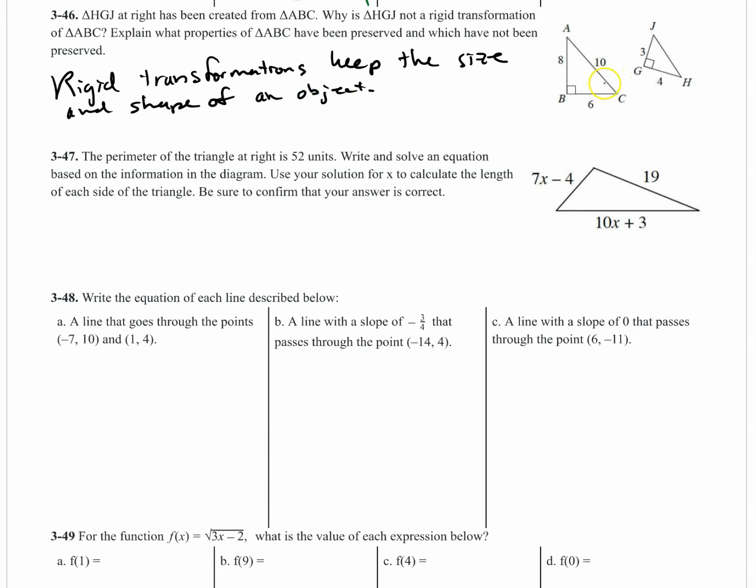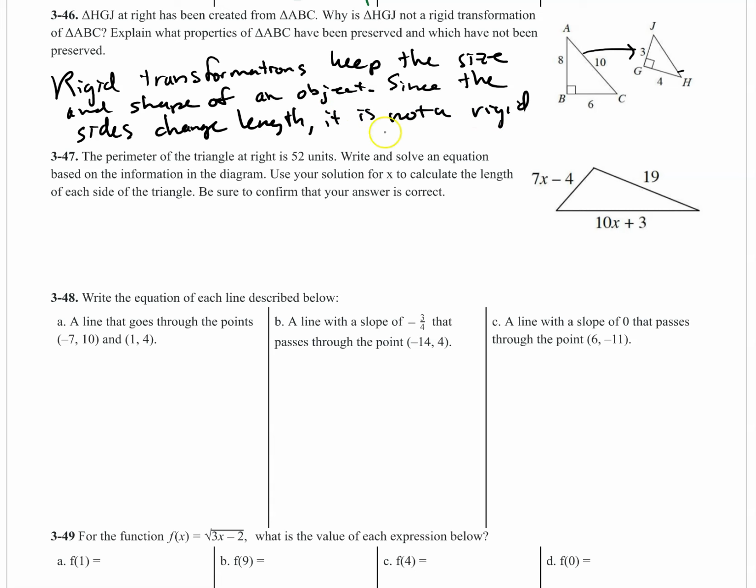So if we go from ABC to JGH, clearly, look at that. The sides change. So since the sides change length, it is not a rigid transformation.